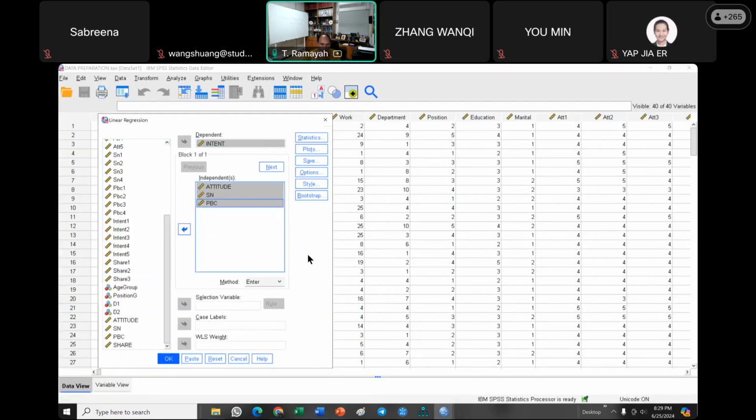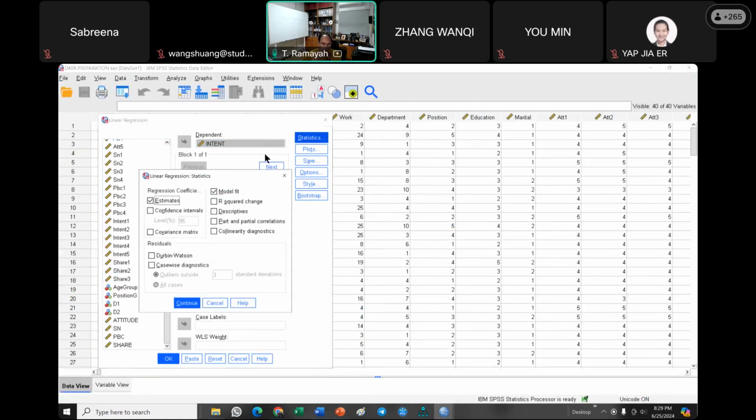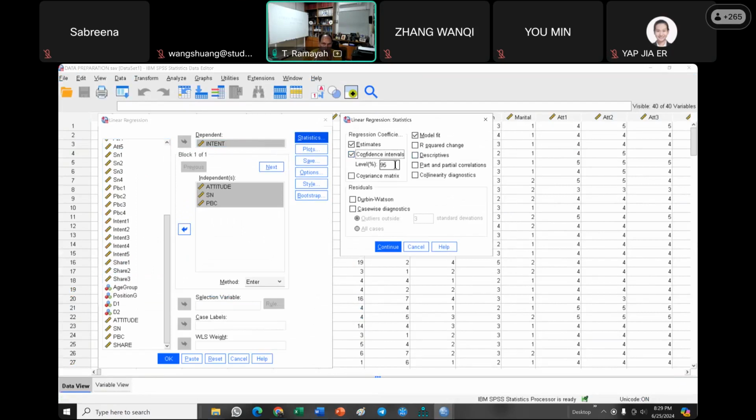The first thing we will set is under Statistics. We need to estimate the confidence interval at 90%. We need the descriptives, the collinearity diagnostics, the Durbin-Watson and the case-wise diagnostics. These are the things you need to click under Statistics.